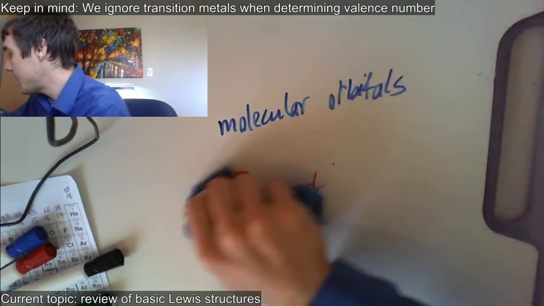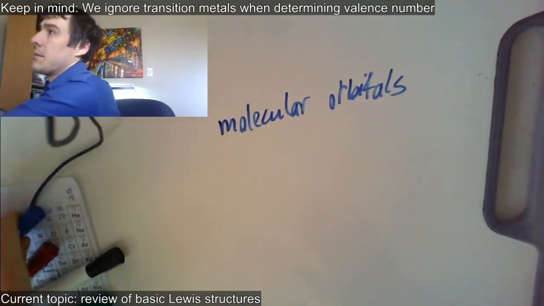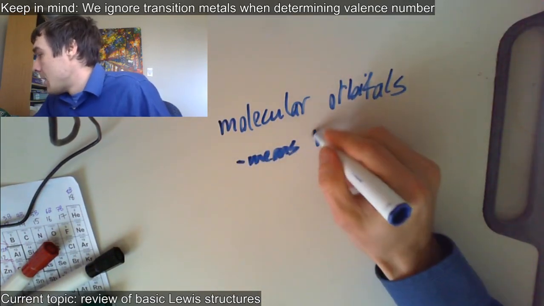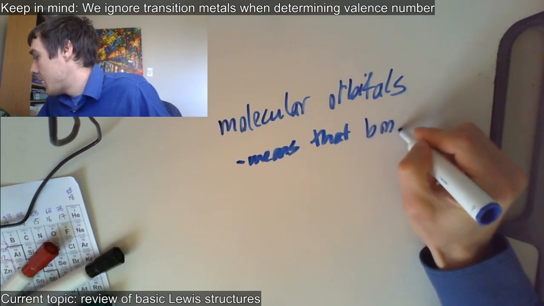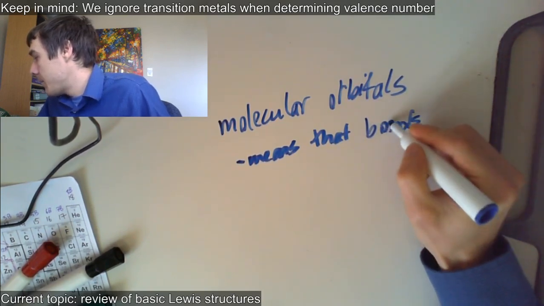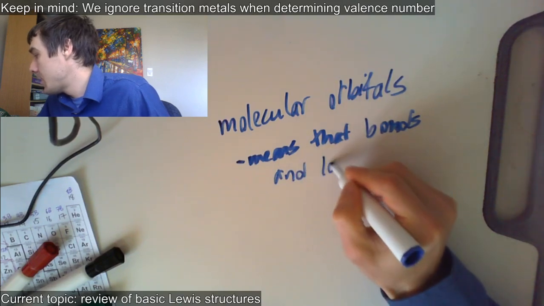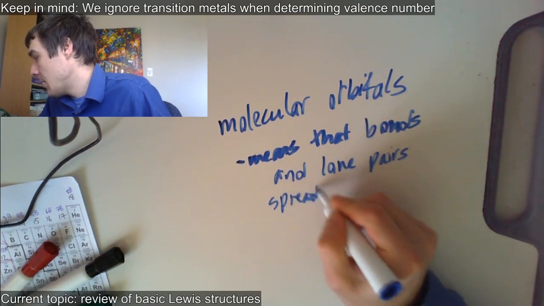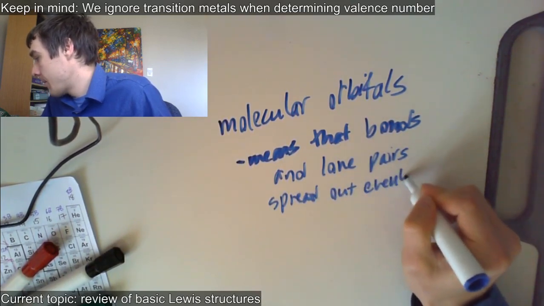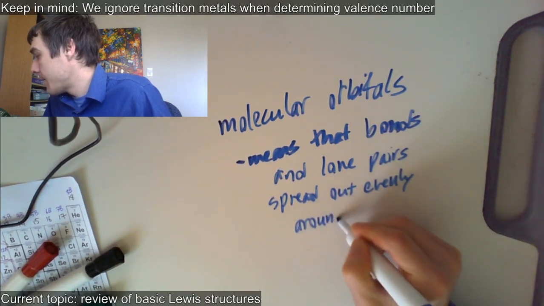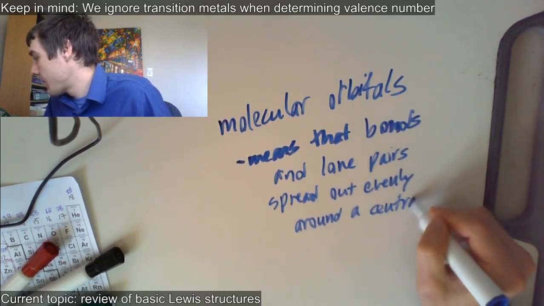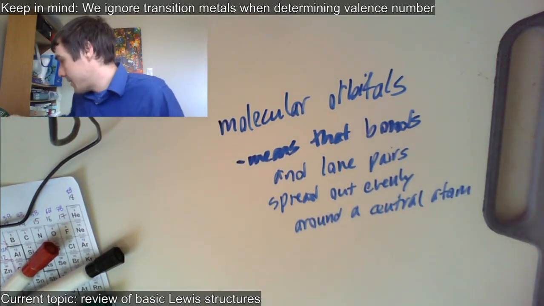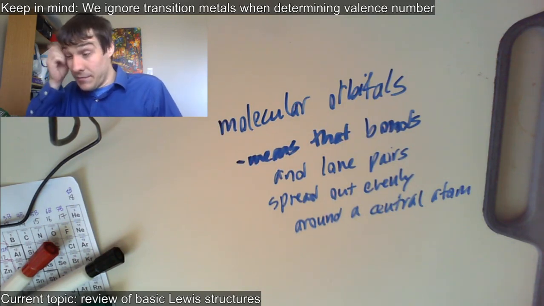So that's molecular orbitals. For you guys, what do you care about in terms of molecular orbitals? Well, I'm not going to ask you how they form or anything like that. It means that bonds and lone pairs will spread out evenly around a central atom, according to various principles.